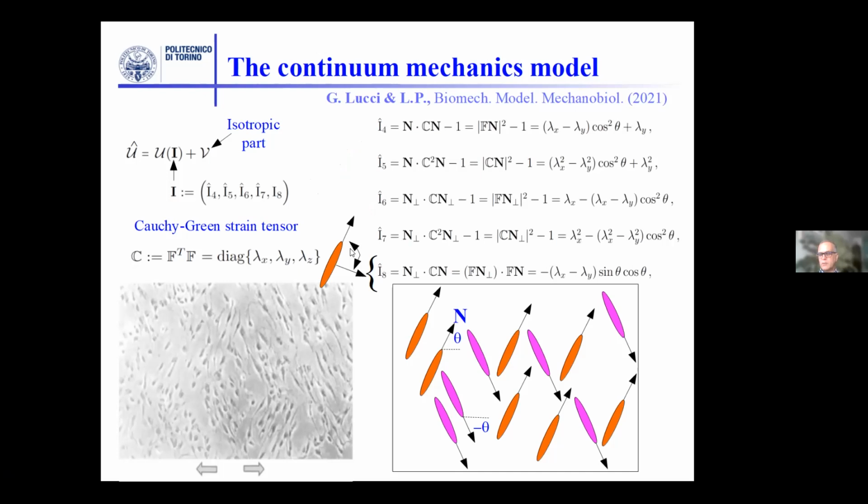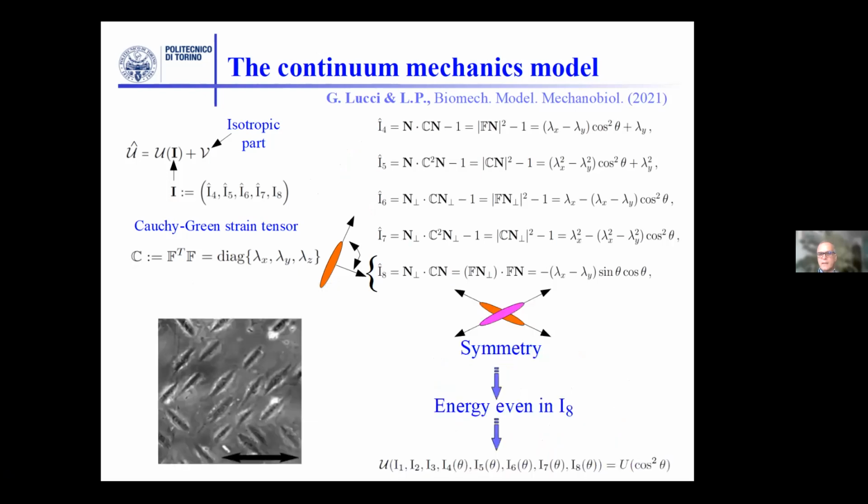Okay, you have to understand that in addition to stress fibers, there is the network of actin filaments, and so when you shear the thing, you have a response. Now, what I want to stress in particular is that when you compute all these quantities, they just depend on cosine square.